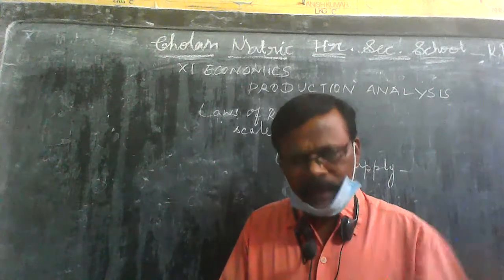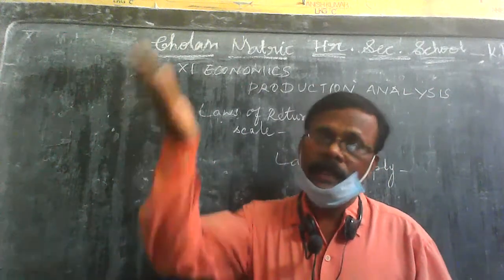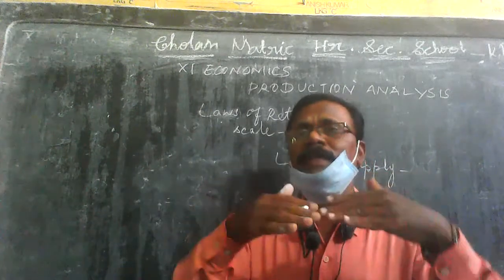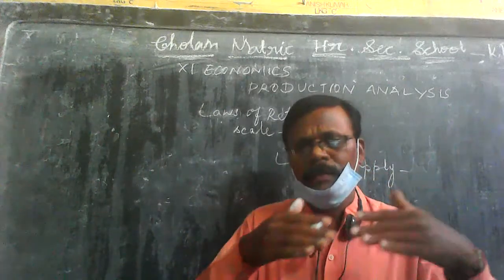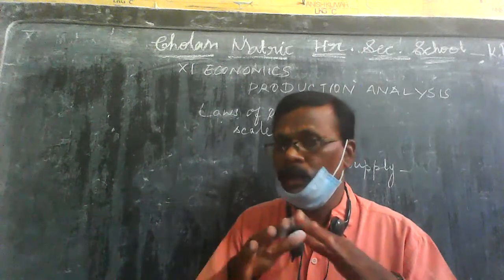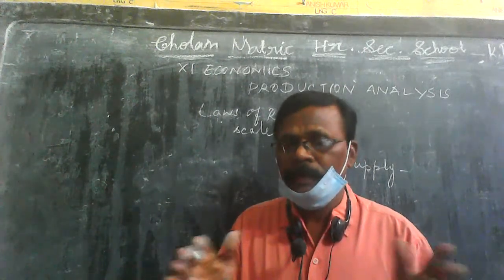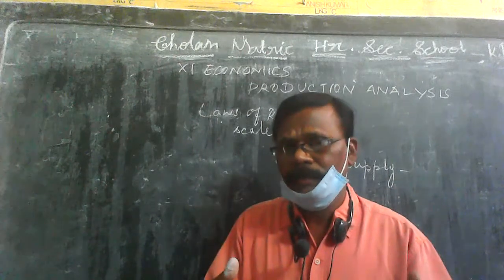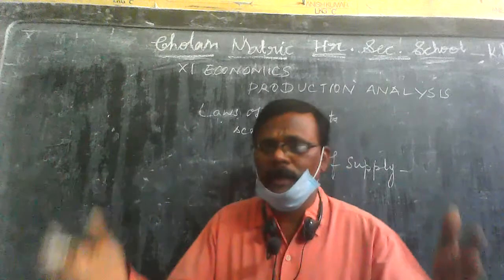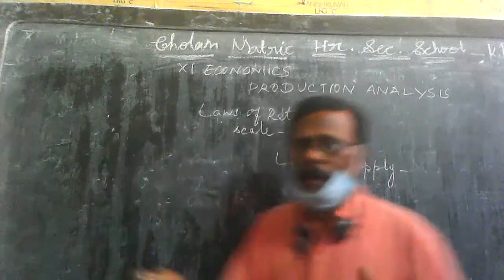When price decreases, the quantity demanded increases. That means there is an inverse relationship between price and quantity demanded. So there is no positive relationship. There is a negative relationship. That is the law of demand.